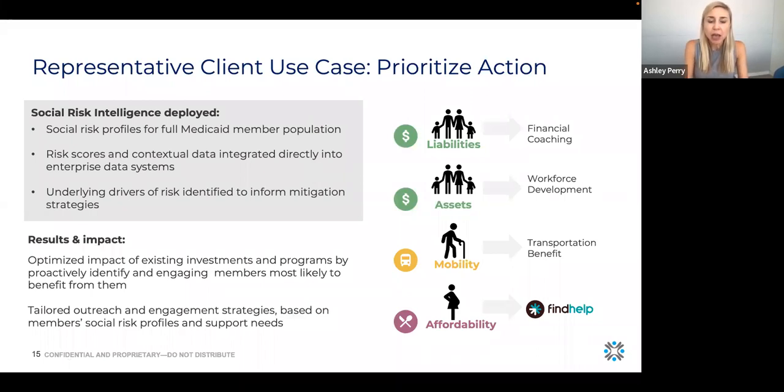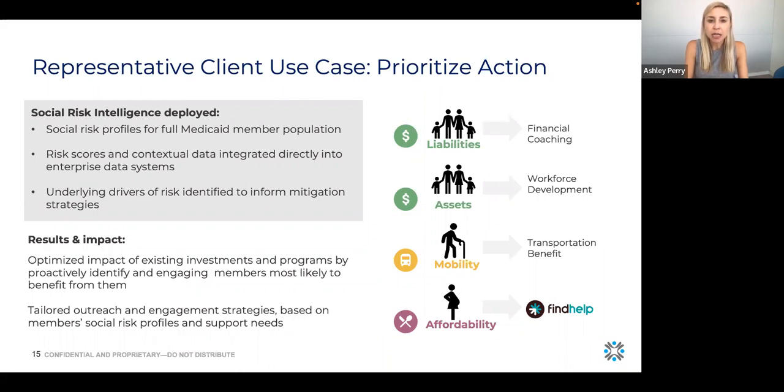What they were lacking was a way to proactively identify the subset of their member population that would benefit most from those programs. So the advantage of taking this analytics first approach is it allows you to do that in a consistent way across the full member population, and then be able to curate cohorts or rosters of your member population that would benefit from each of those programs, and be more proactive about reaching out to them, making sure that they're aware of the program, helping them get enrolled, engaging them in a conversation around those needs.